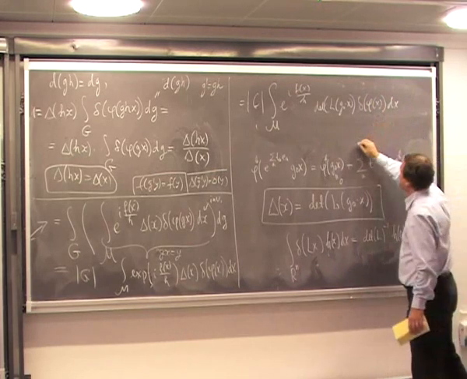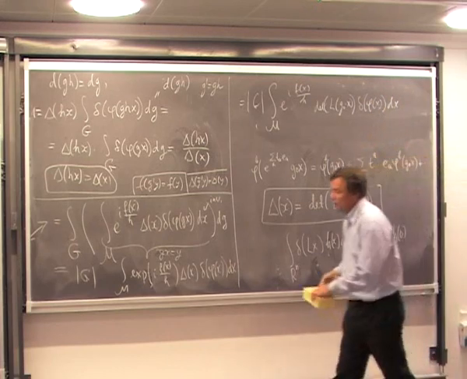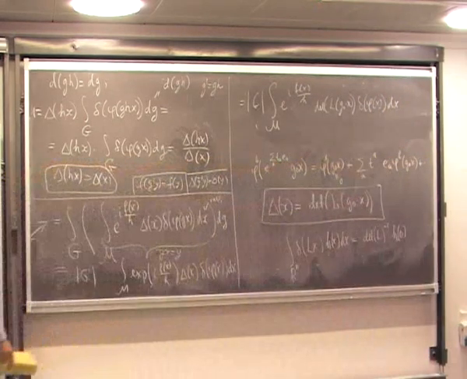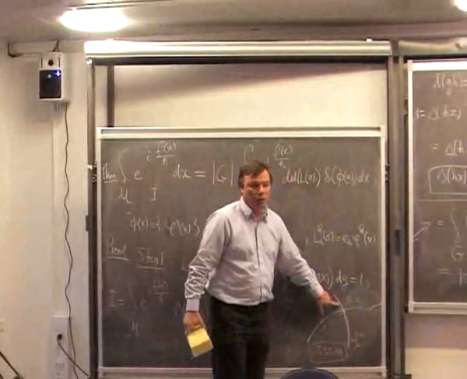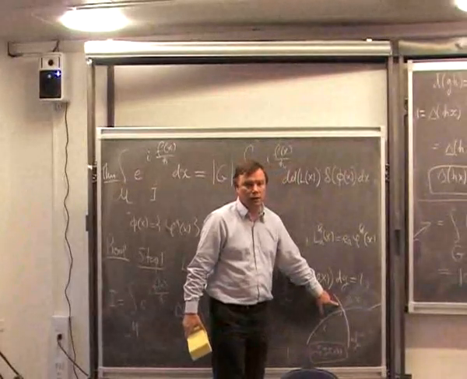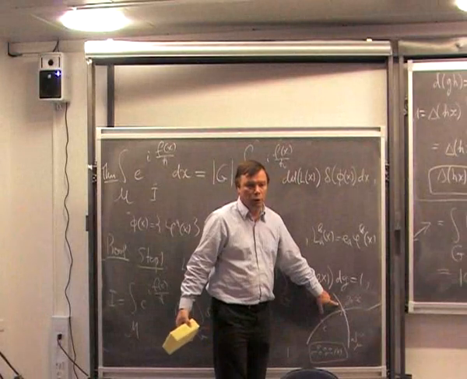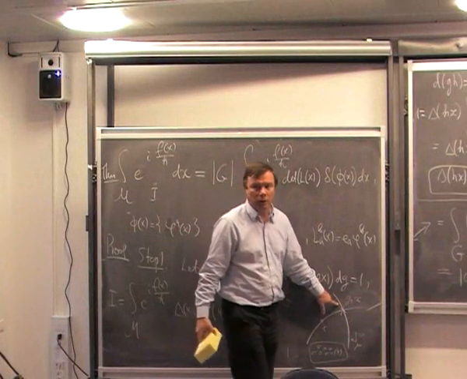But now you see that the integration is supported on the slice, on the cross section. And for the points on the cross section, g0 is equal to 1.